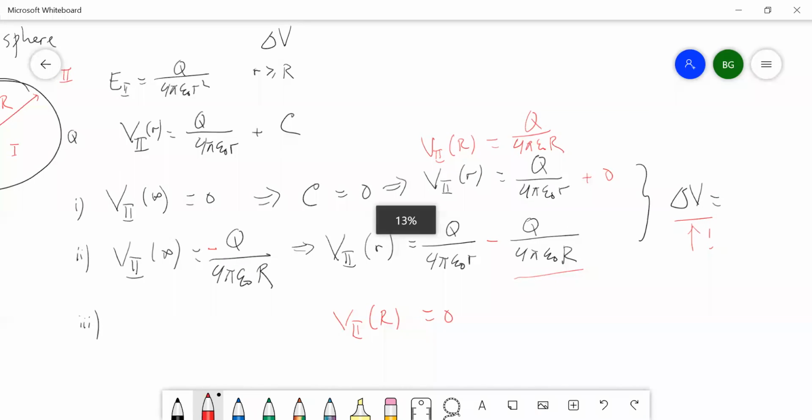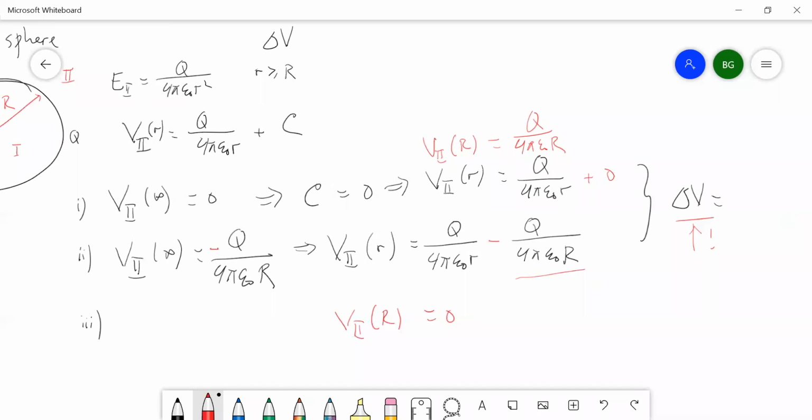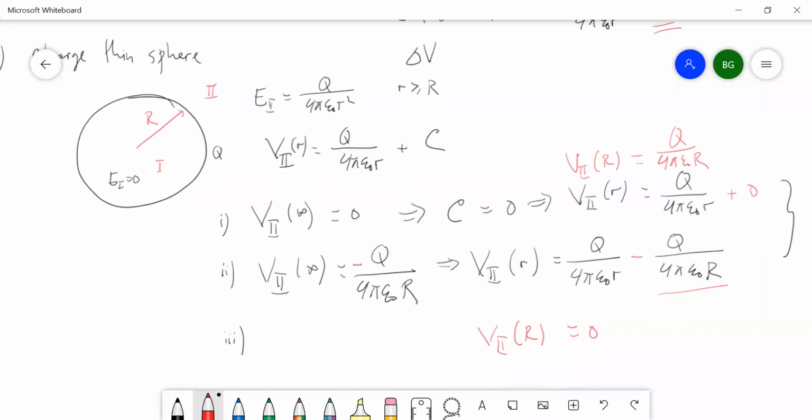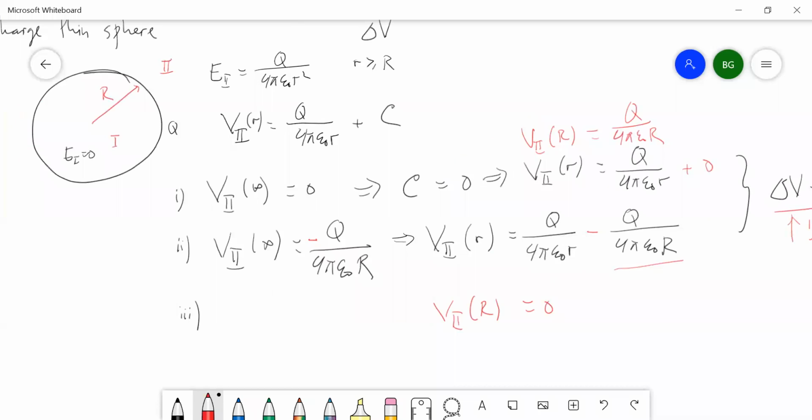Any question? Sir, can we have an example? Because I cannot imagine when we use C is 0 or C is minus Q. It depends on the problem. This is the example I give to you.